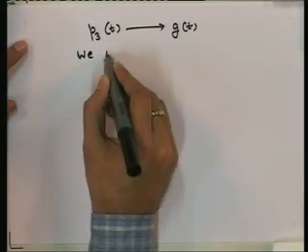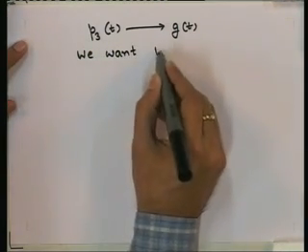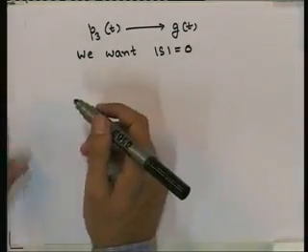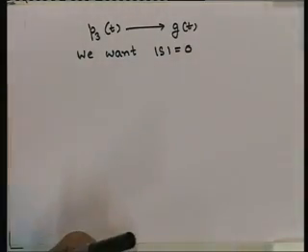So we are going to see what to do to ensure that the ISI is 0. We have separated the ISI part from the signal part, the main symbol part, which contains the information about the symbol, and we are going to see how to remove the ISI.